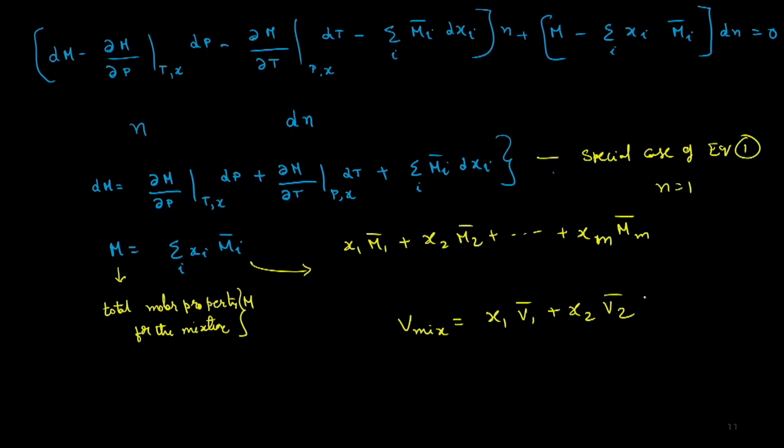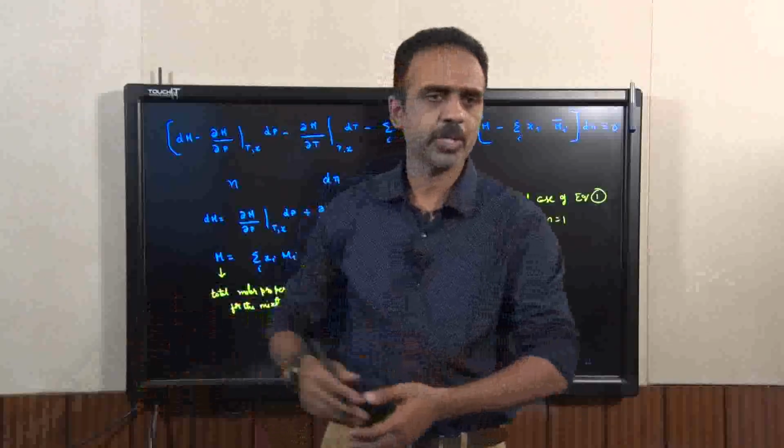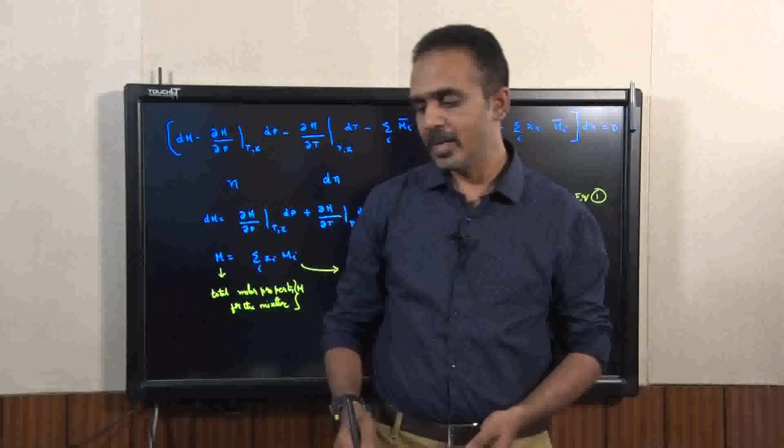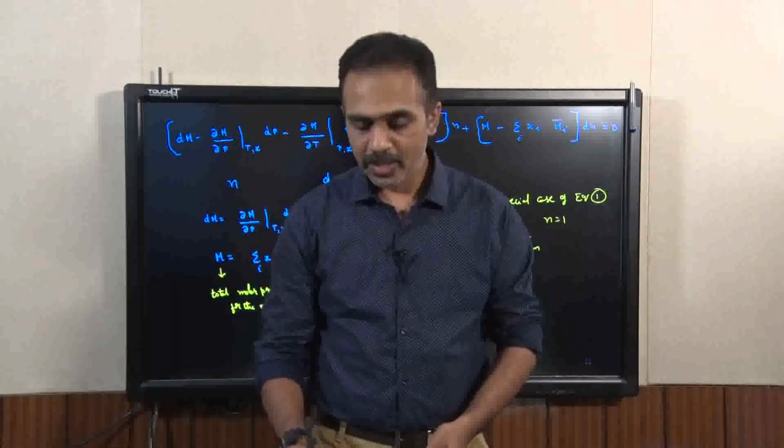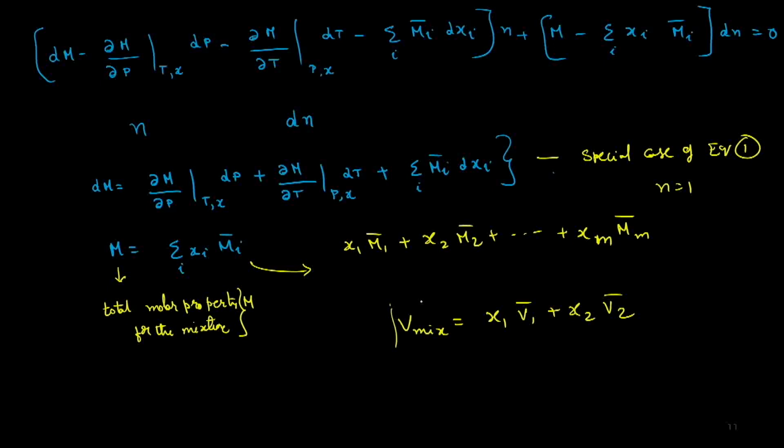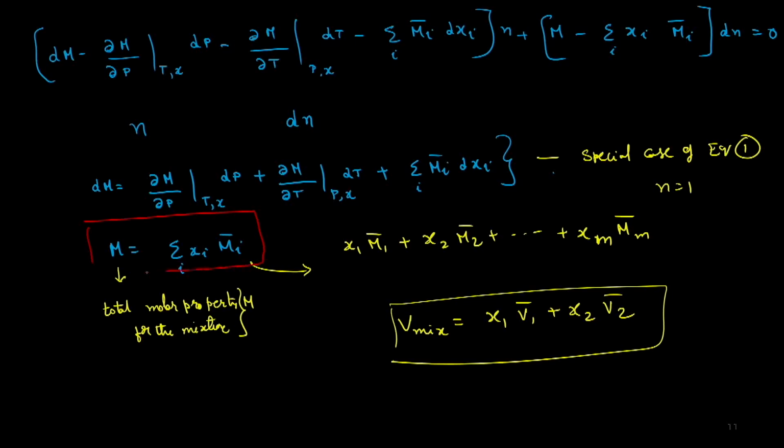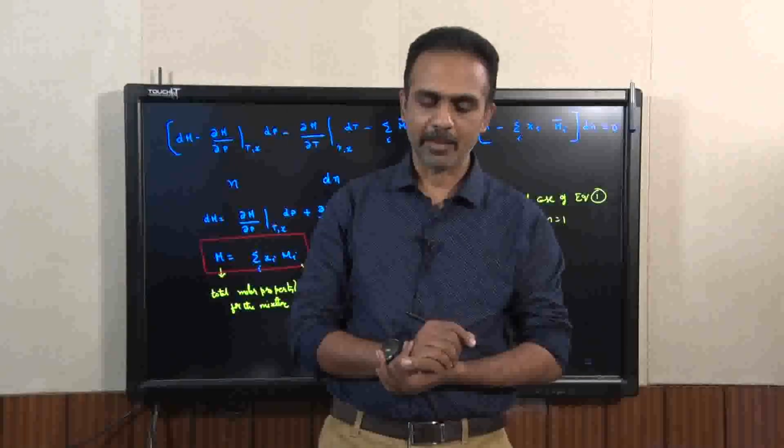For a special case, v1 bar might be the same as v1, v2 bar might be the same as v2, etc. But irrespective of whether that is true or not, this expression is always true for a binary mixture. Not just volume, for any molar property m, and not just for binary mixtures but even for multi-component mixtures, m will always be equal to sigma xi mi bar.